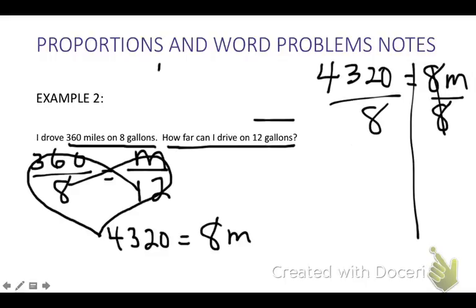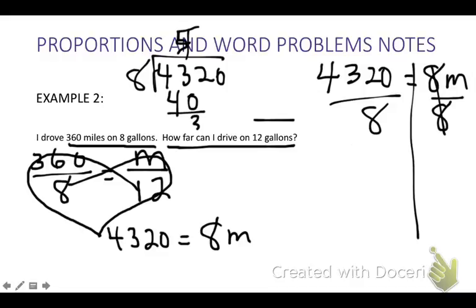So it's 4,320 divided by 8. Okay, let's see. That would be 4. Oops. That wouldn't be 4. That'd be 5. That'd be 40, 32. Oh, yeah. No problem. So the answer is 540 equals M.